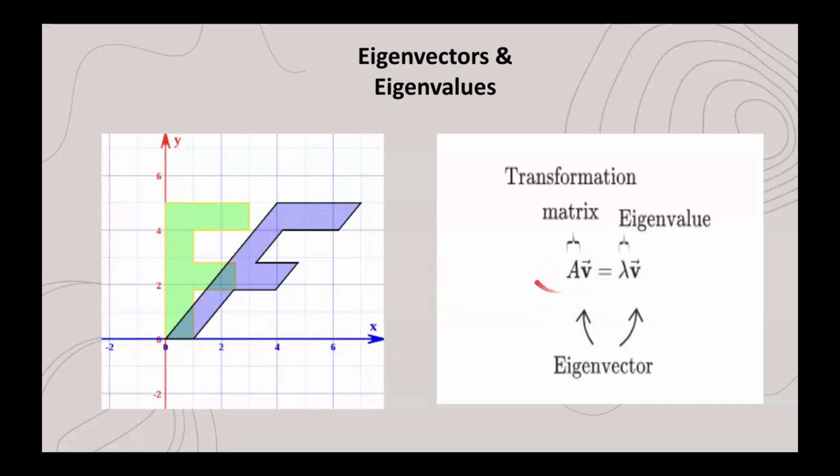Meaning, the effect that the transformation has on such a vector is just to stretch it or squish it like a scalar. So these special vectors that don't get knocked off their span are called eigenvectors, and the values with which they get stretched or squished are called the eigenvalues.